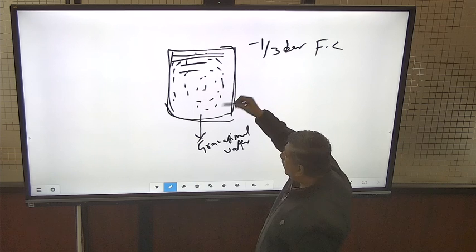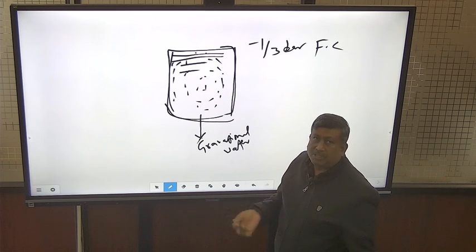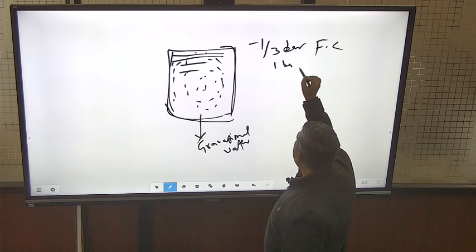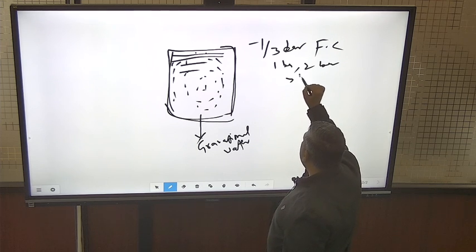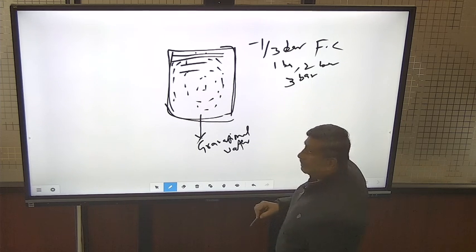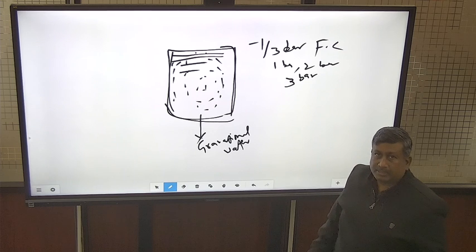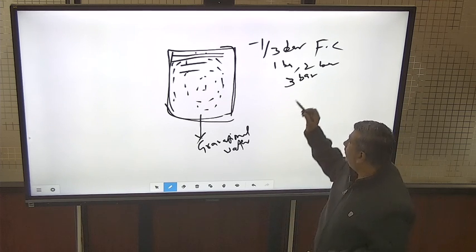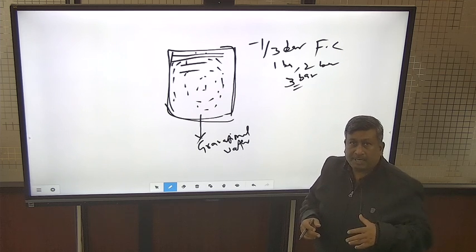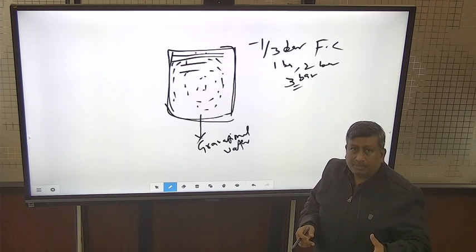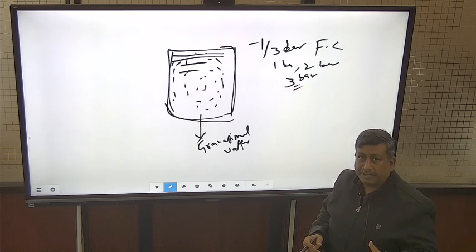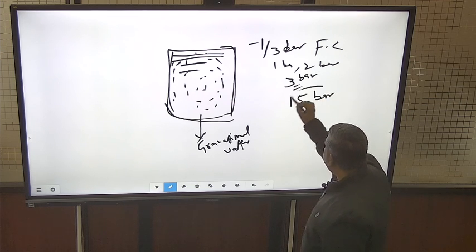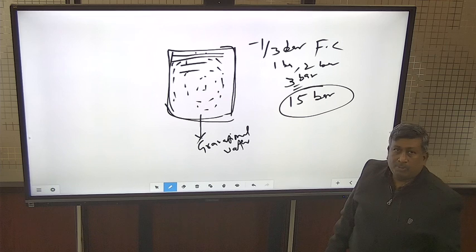Then moisture reduces through transpiration or evaporation, and the pressure increases to 1 bar, 2 bar, 3 bar. As the moisture decreases, this pressure increases, meaning moisture is tightly held by soil particles. If it is 3 bar, it means 3 bar pressure is required to detach the water molecule from soil particles. More pressure is required. Similarly at 15 bar, at this point moisture is not available to the plant.